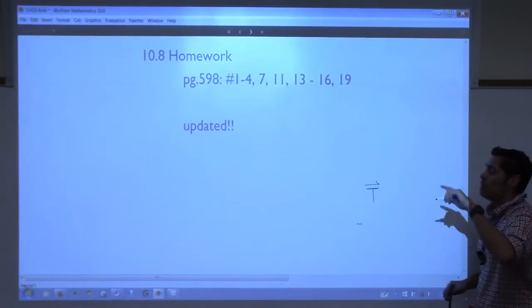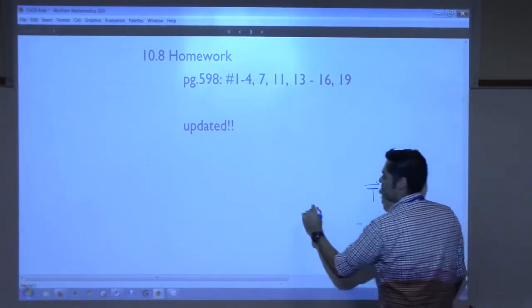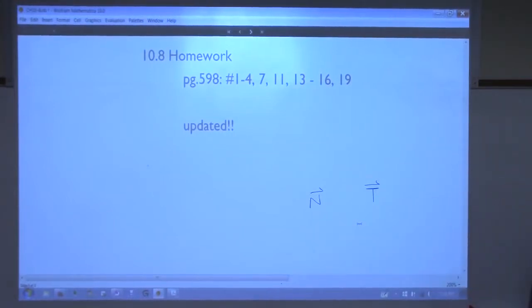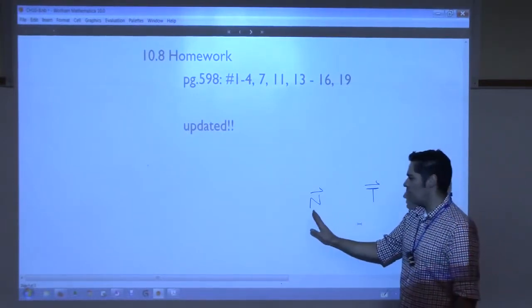But if you read the instructions, it asks you to calculate capital N. And I haven't told you what that is, and I'm not going to tell you what that is. I want you to go in there and read the book. There's a formula for this. It's not that much crazier.